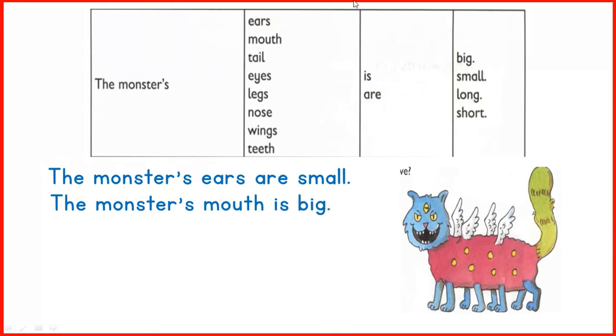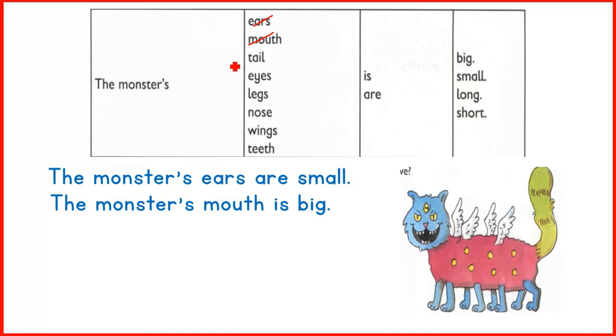Yes. Now comes the next, tail. Yes, the monster's tail. Read the monster's tail. First we cancel the ones we have used. Now the monster's tail is singular, not more than one. It is singular, so we use is.